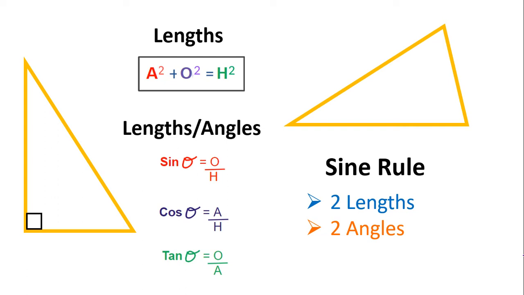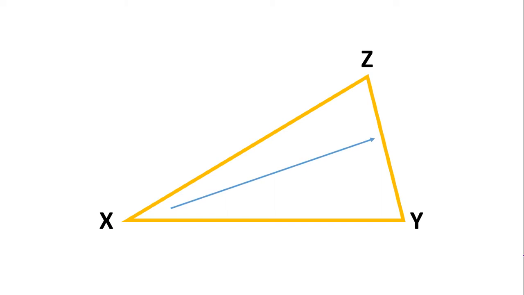Now, how exactly does the sine rule work? Let's suppose I have a triangle XYZ. The length right opposite to this capital X is my small x.